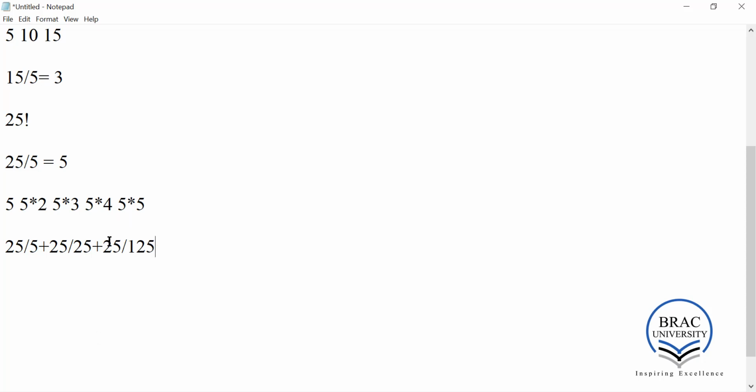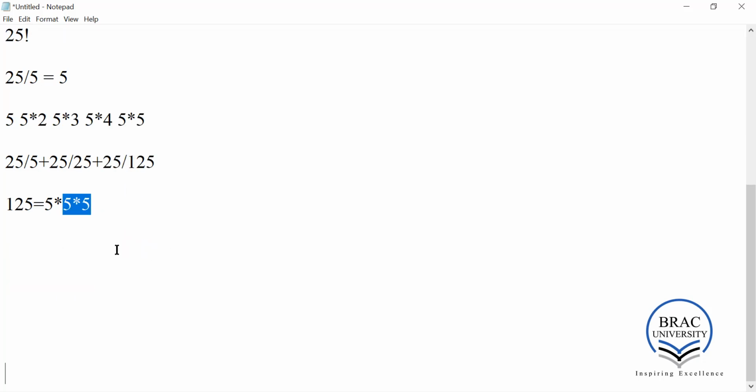You know, if I try to divide by a bigger number I will get 0, so I will not consider this one. But you know 125 is equal to 5 into 5 into 5. So if I ask you how many 5s are in 125, this extra 5 must not be excluded. And for this, I need to use this algorithm.